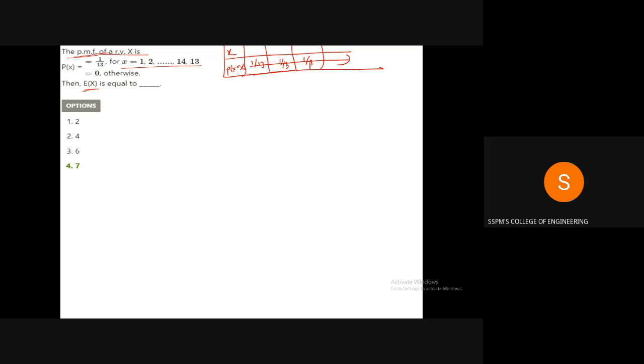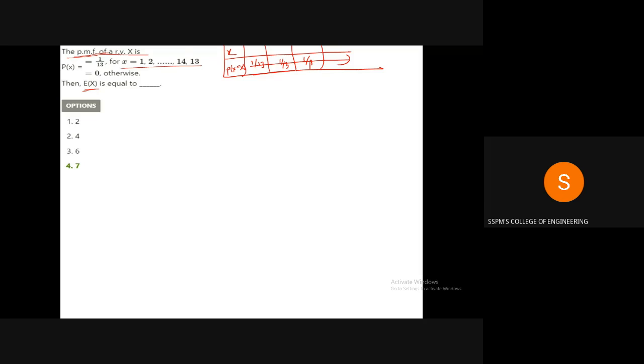So how is E of x given? E of x is equal to summation of xi into p of xi, isn't it? So how can we calculate it?